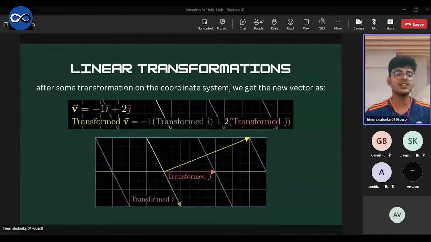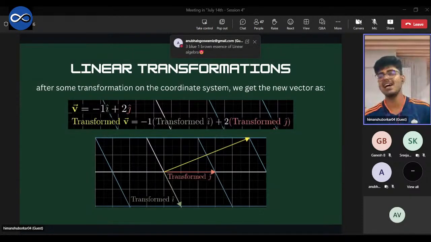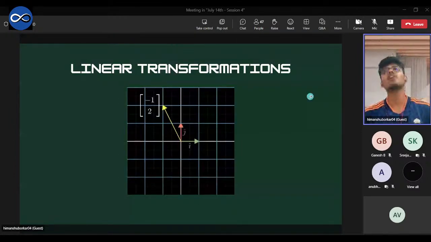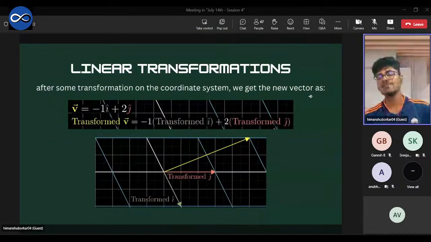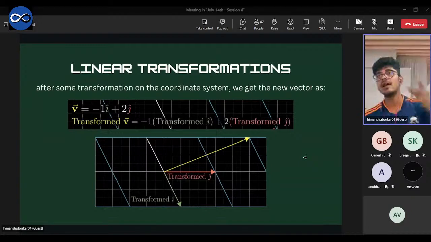Well, one thing to note is that no matter what coordinate system you use, scaling is going to remain the same, right? So in this case it's -1, but let's say I have a vector like (1, 2). You move by 1 unit in the x direction and by 2 units in the y direction. In the same way, let's say I have another coordinate system in which there's apples on the x-axis and bananas instead of the y-axis.